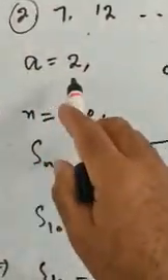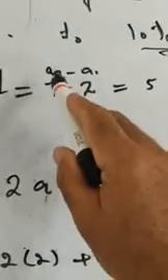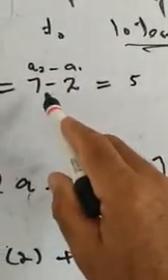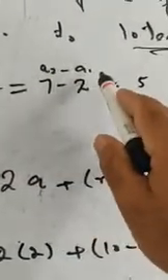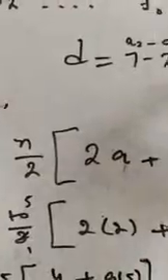So here a is 2, d is a2 minus a1, that means 7 minus 2, or a3 minus a2, 12 minus 7, equal to 5. And n is 10 because we find the sum of 10 terms. These are a total of 10 terms, so the number of terms is 10.